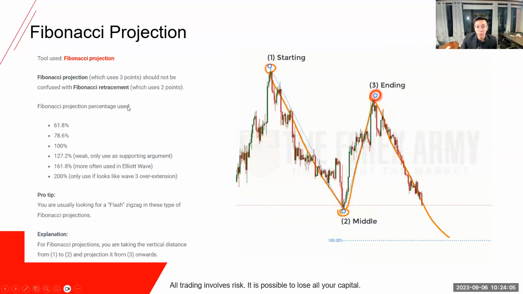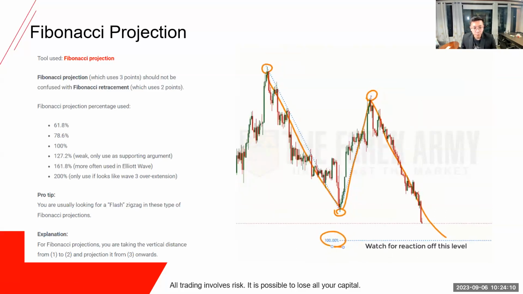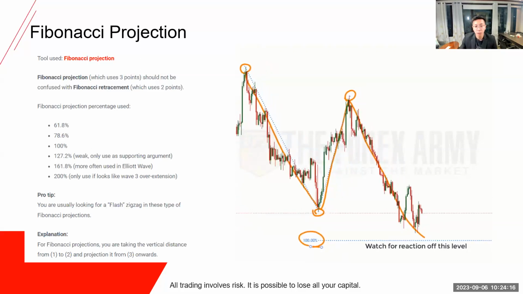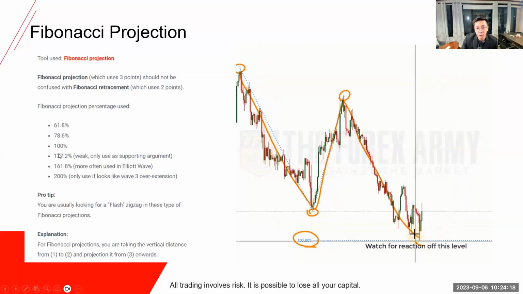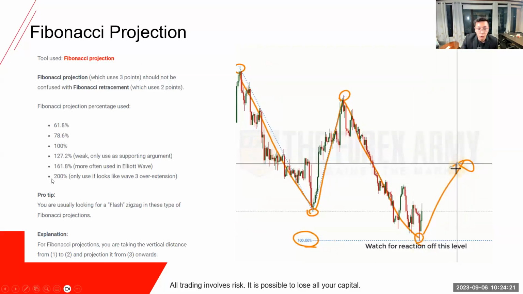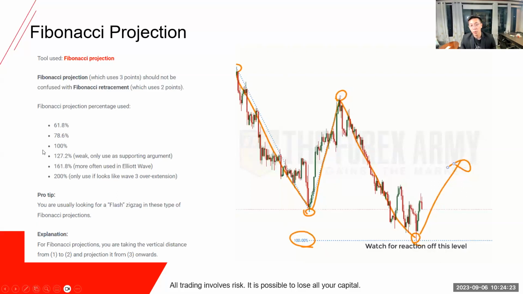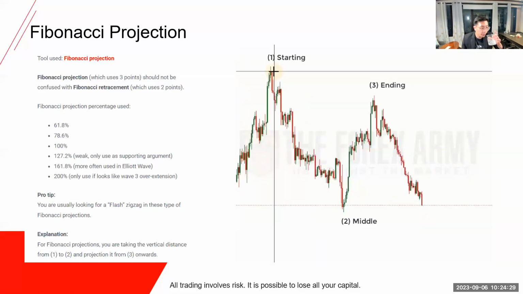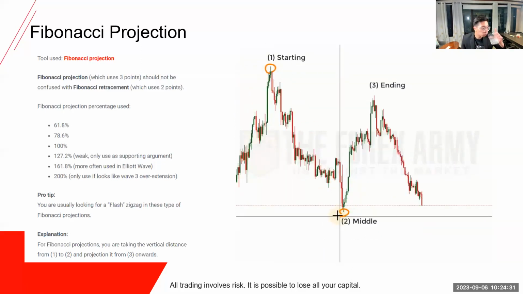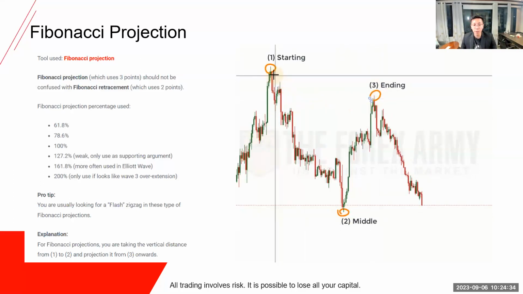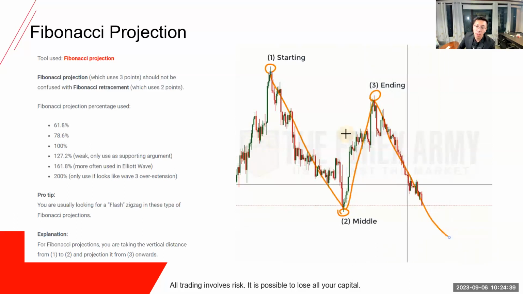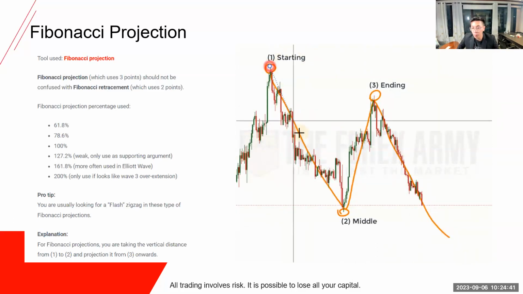Fib projection percentages used will only be 61.8, 78.6, and 100, and that's the max. 127.2% is weak and can only be used as a supporting argument, while 161.8 and 200% are more often used in Elliott waves and not such simple tools.